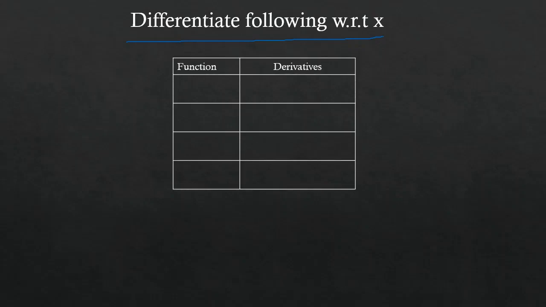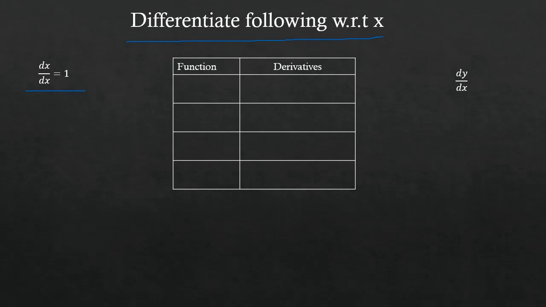So the derivative of x with respect to x, we all know, is 1, because x is in the numerator and x is in the denominator. But the derivative of y with respect to x is not 1. dy by dx remains as it is, because the numerator has variable y and the denominator has x. This is a basic thing you have to keep in mind.